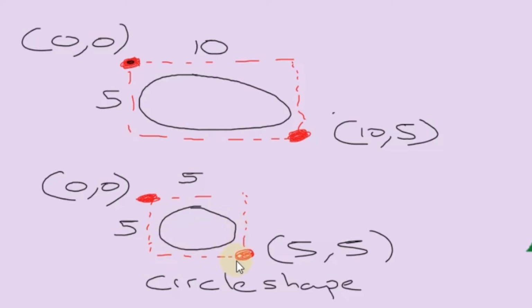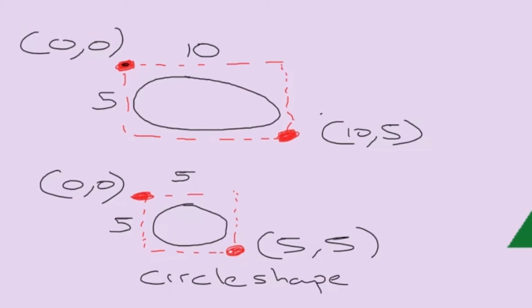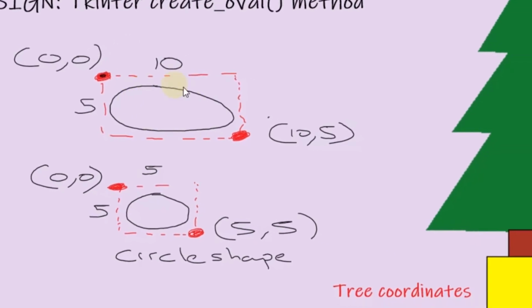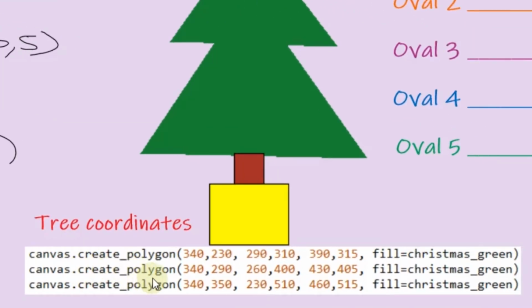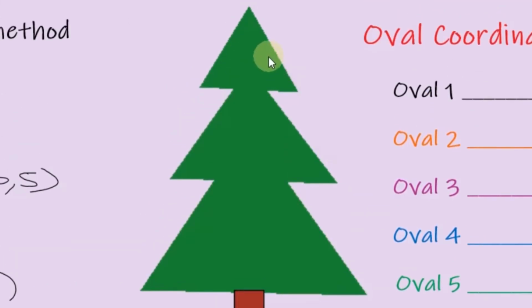Good. Now, what we want to do now is we want to plot these shapes on this tree. And at the bottom here I've copied in the code that we have so far for each of these shapes. So this is triangle 1, triangle 2 and triangle 3. Right, so there's triangle 1, triangle 2 and triangle 3.